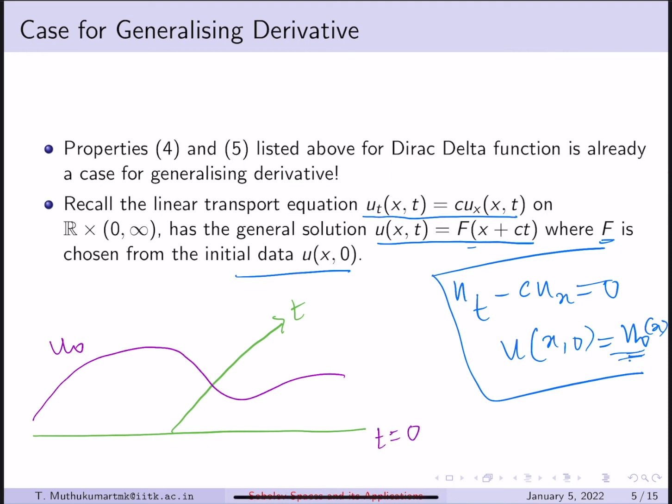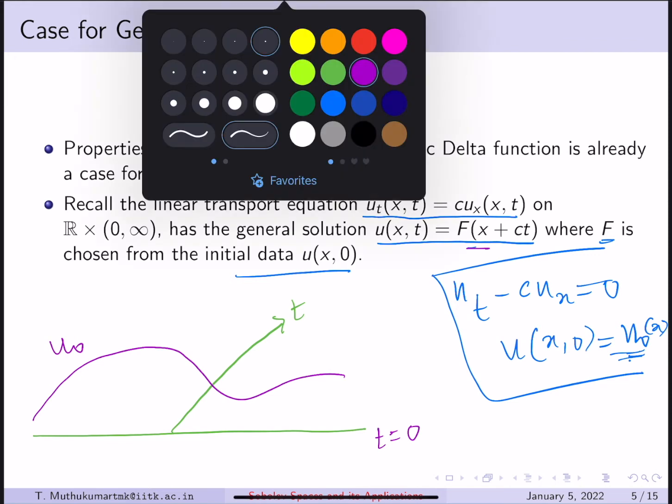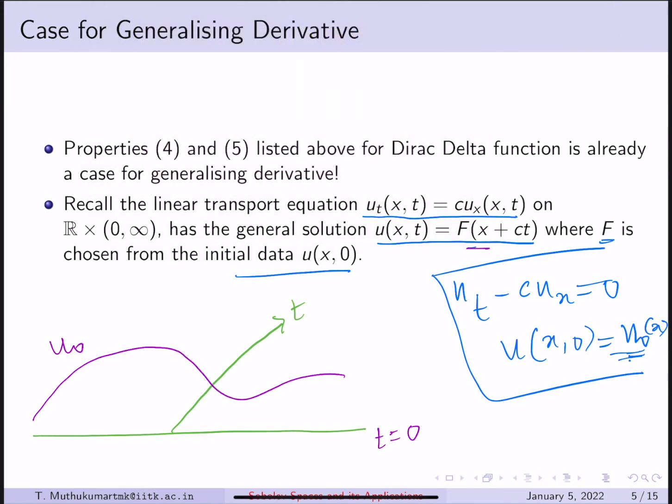So what is this solution telling you? At time t, the solution is nothing but a similar graph like this, where this line is of slope minus 1 over c or something, right?